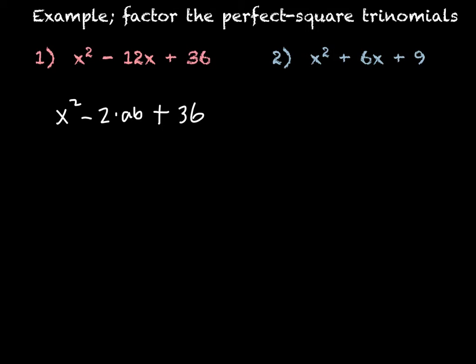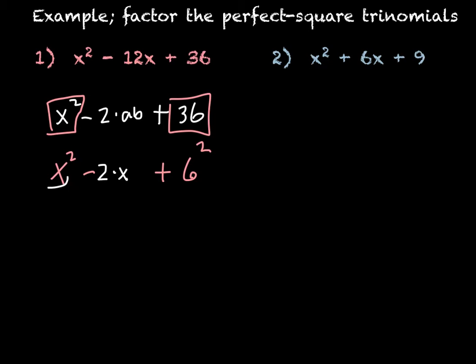Well, my perfect squares are going to be on the ends. So x squared is just going to be x squared, and 6 squared is 36. To get my inside term, I have to factor out a 2. So I have 2 times x times 6, and that should give me a negative 12x. 2 times 6 is 12, so yes, it does.